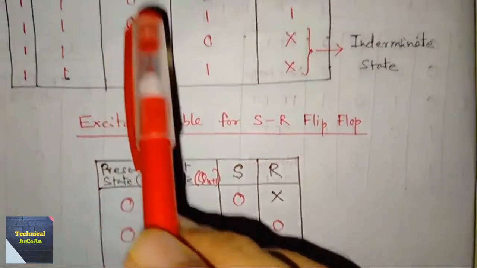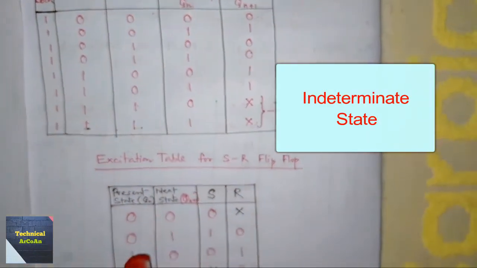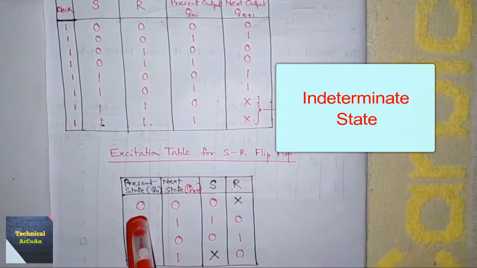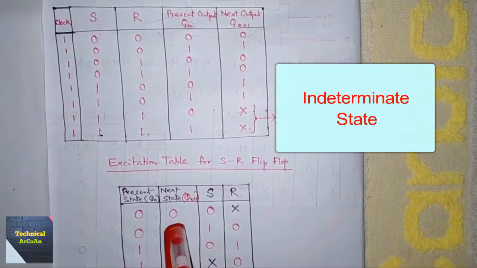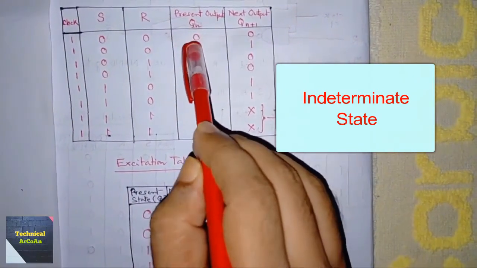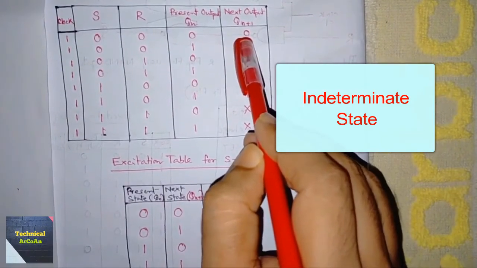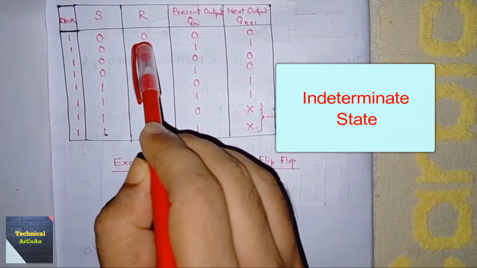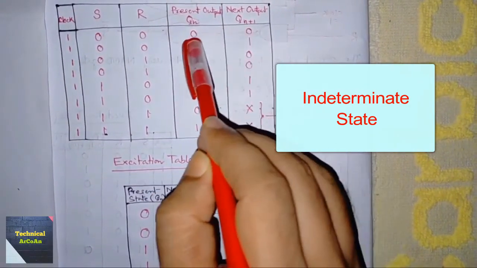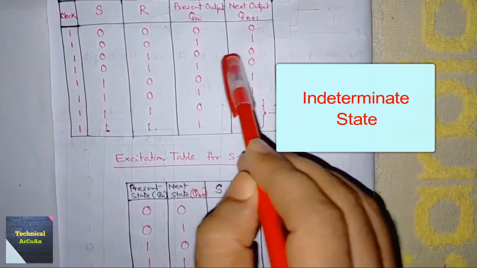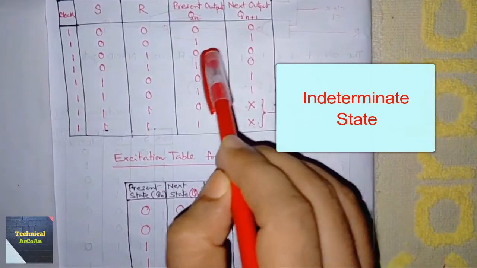From this characteristics table, the first combination is 0 0. When the present state is 0 and the next state is 0, what are the combinations of SR? It is 0 0, and this combination is also present in that particular row, which is also 0 0.